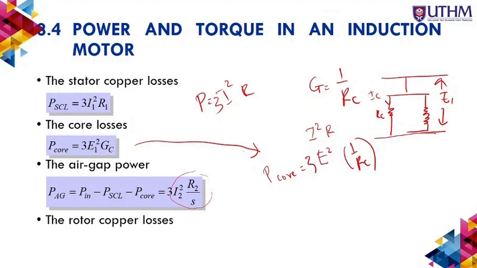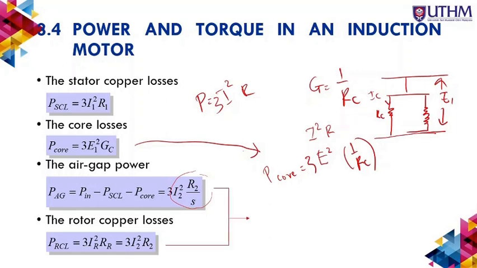And then the rotor copper losses, so bila ada copper losses, dia akan balik back to basic lah, I square R kan. So since dia 3 phase, you darab 3 je. Okay, so kita tengok tu IR ni dia sama je, sebab dia mengalir dekat R juga kan. So samalah.